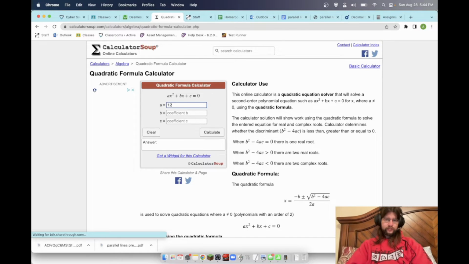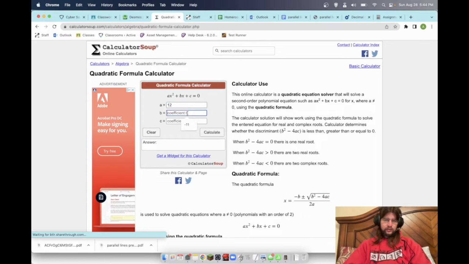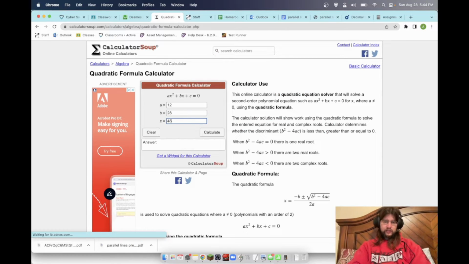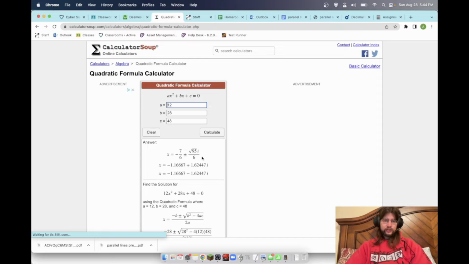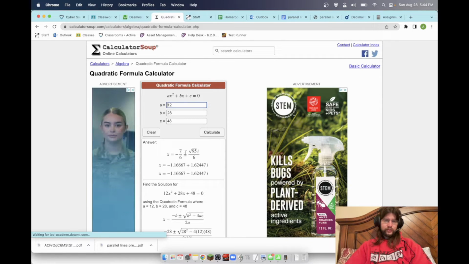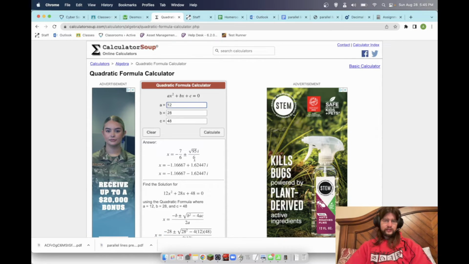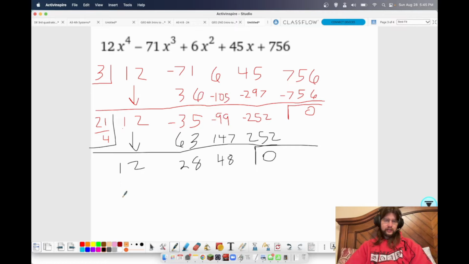Unfortunately, I unplugged my USB from my computer, so I can't access my calculator right now. So negative 76 plus or minus square root of 95 sixth i. That's a perfectly fine answer to me.